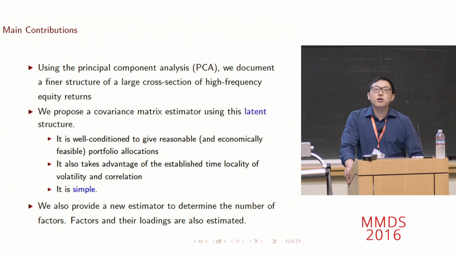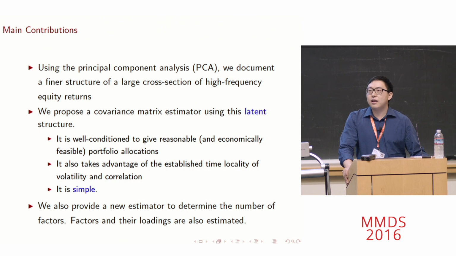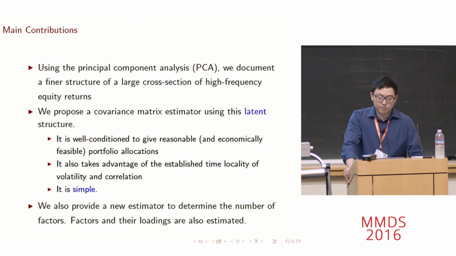For example, if your covariance matrix is not well-conditioned, you might end up with a portfolio that allocates 100% in Apple and minus 800% in Google, something like that. Our covariance matrix will be able to give reasonable portfolio allocations because it is well-conditioned.